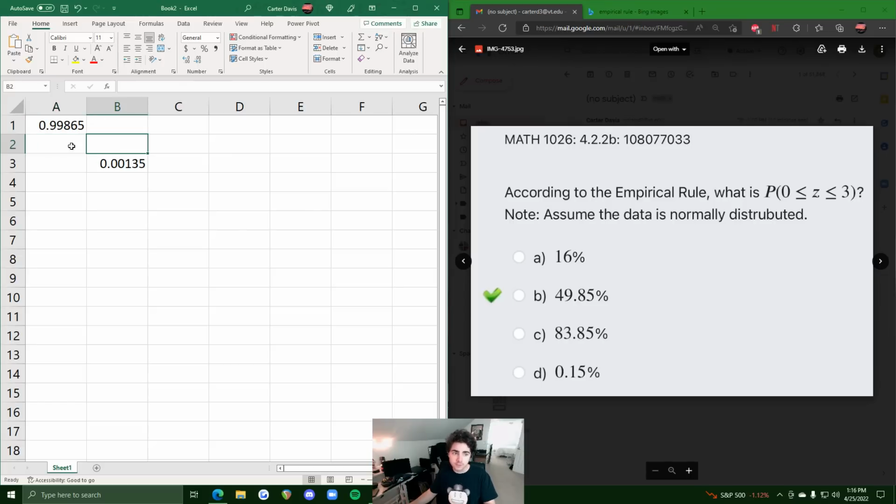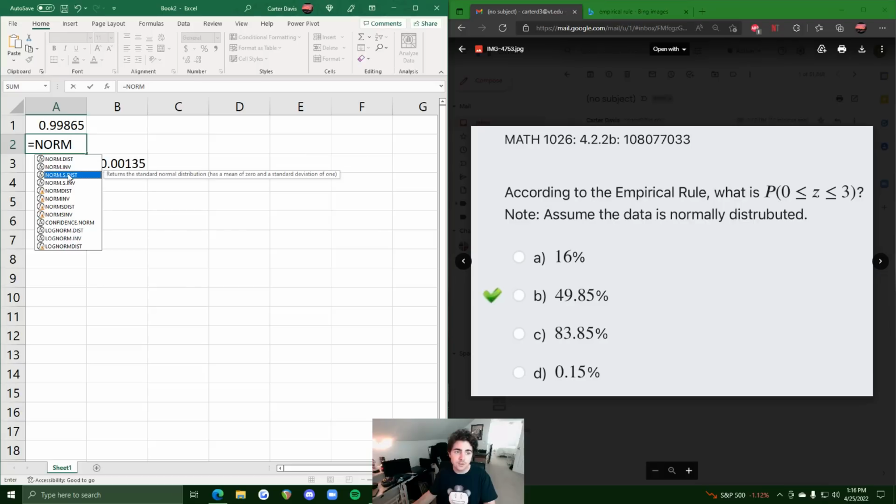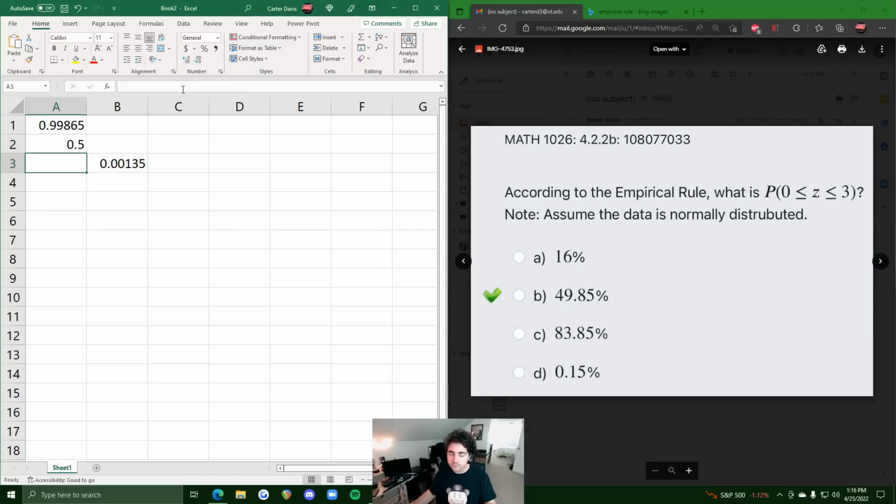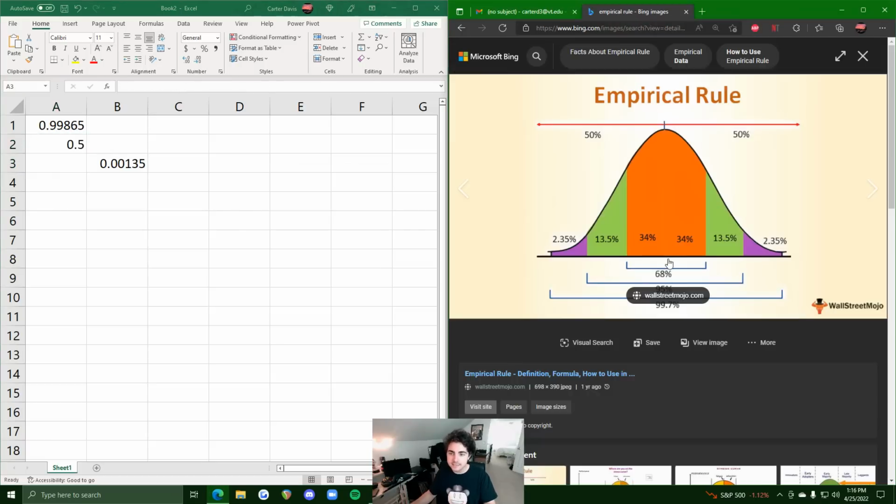But then we do a separate one where we do NORM.S.DIST with 0 as the z-score, 1, and we get 0.5, which makes sense because at 0, it's giving us the percentage to the left of 0, so 50%.